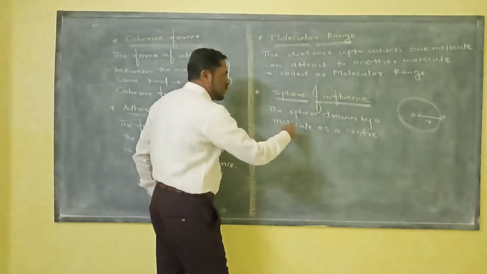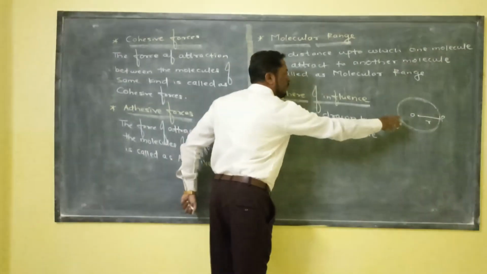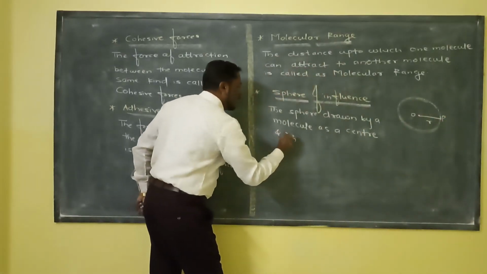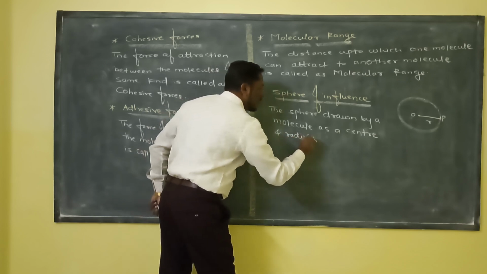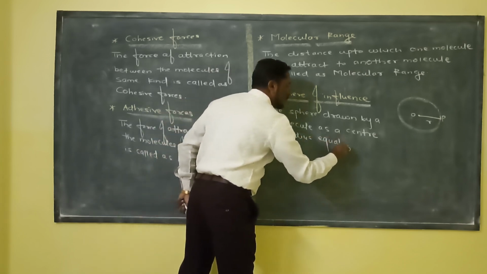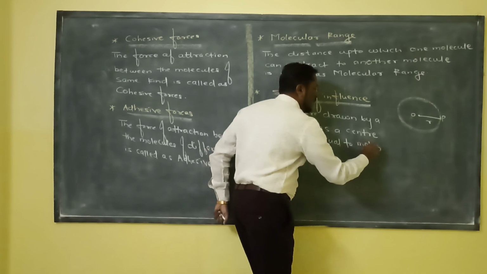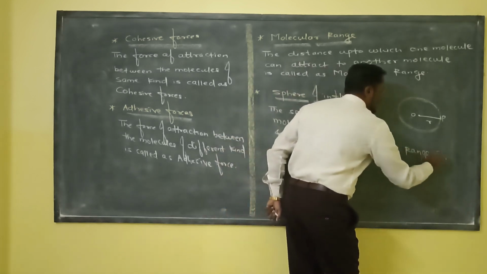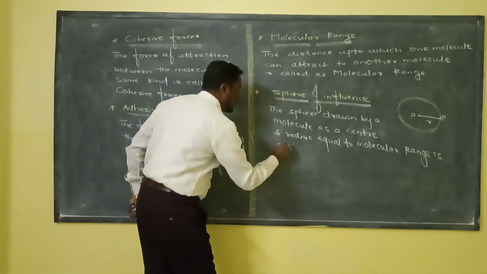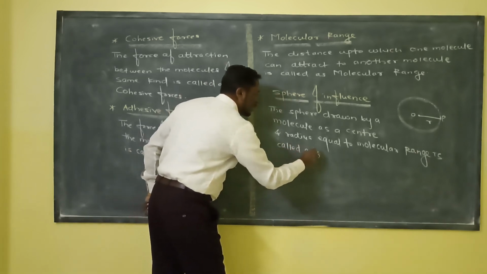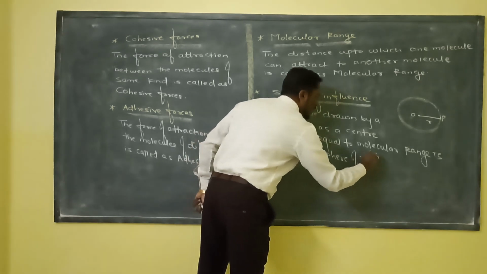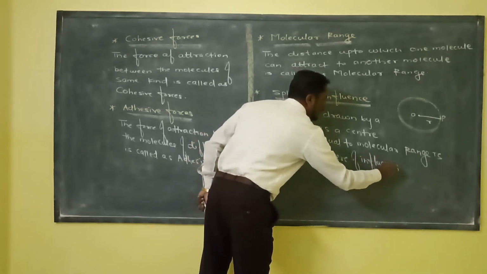The sphere drawn by a molecule as a center, and radius equal to the molecular range, is called the sphere of influence.